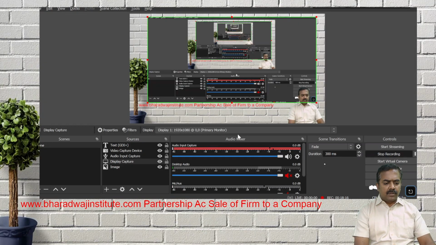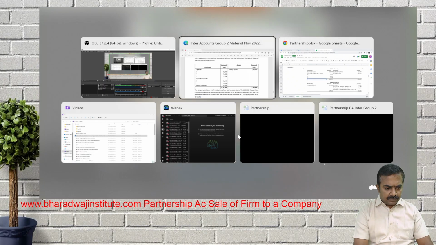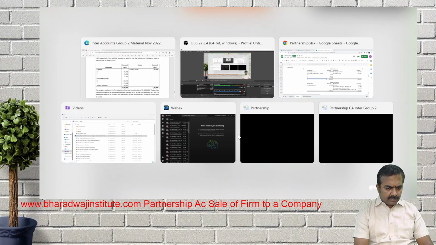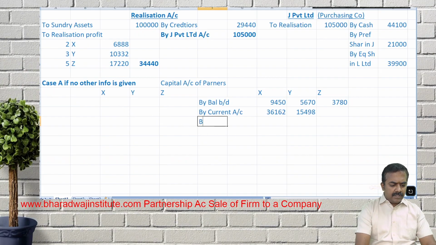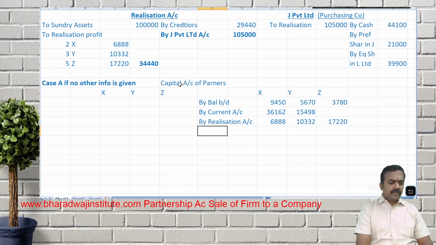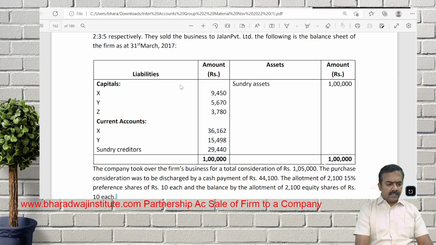X and Y the current account. Then by realization account, how much is there? 6,888, 10,332 and 17,220. This is the capital account of partners.